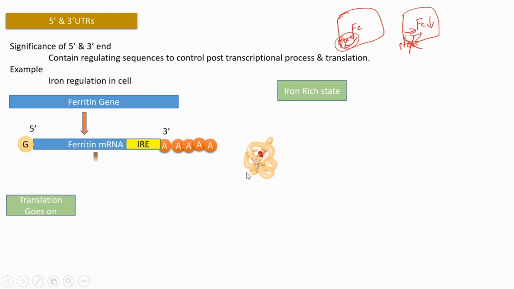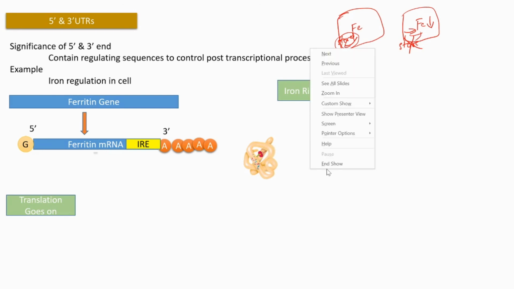So some proteins are involved in this single pathway. It is an example showing the presence of a regulatory sequence in the 5' and or 3' UTR, and that this regulatory sequence functions with the help of additional proteins. This is another example of RNA-protein interaction.